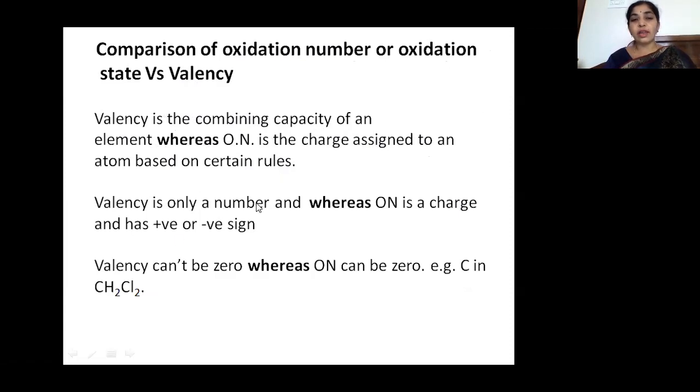Valency is only a number, whereas oxidation number is a charge and it has either positive or negative sign. Valency cannot be 0, whereas oxidation number can be 0, as what we saw in the case of water. And similarly, if you take carbon in dichloromethane, it is 0.